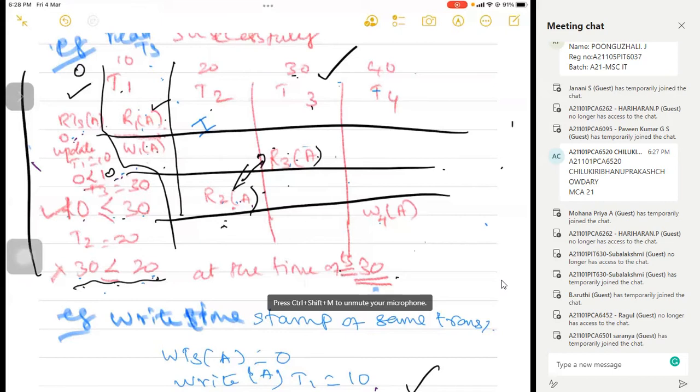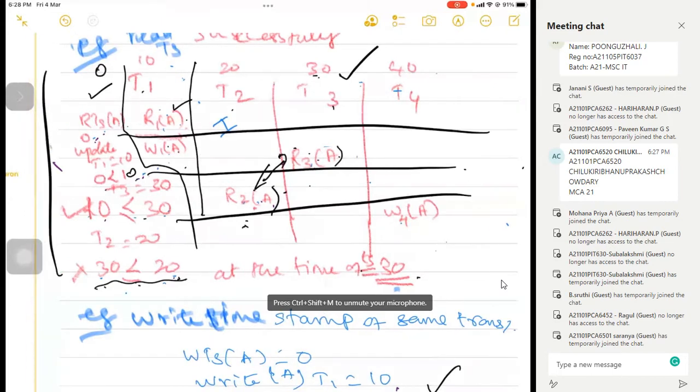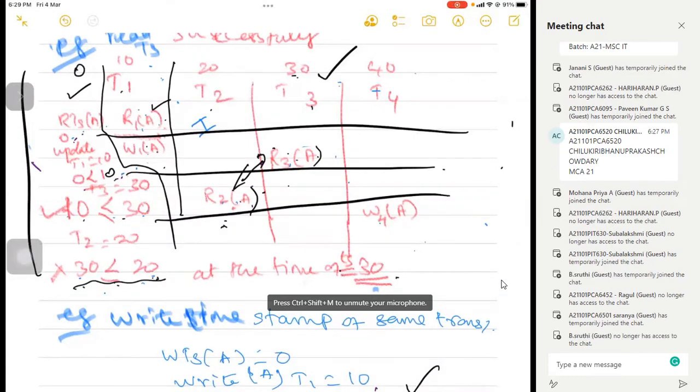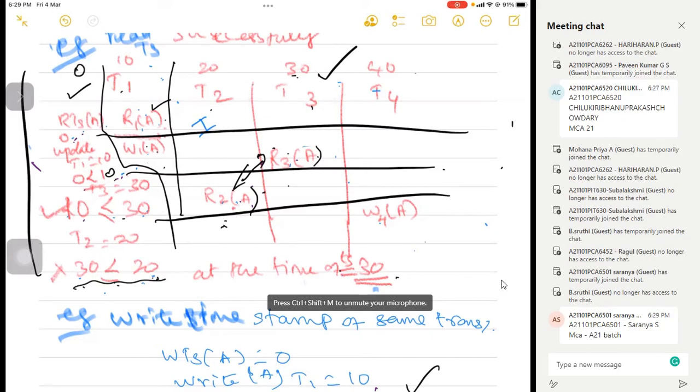Just a minute. I am getting confused. I'll clear you. TS of A, the timestamp A starts at the time 0. At the time of timestamp 20, T2 arrived. At the time of 30, T3 arrived. And at the time of 40, T4 arrived.